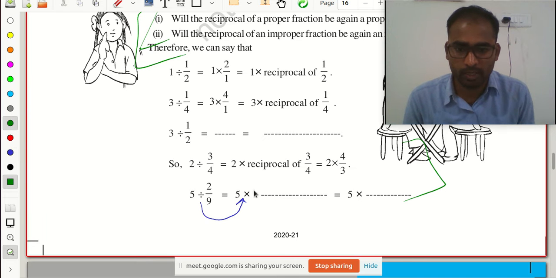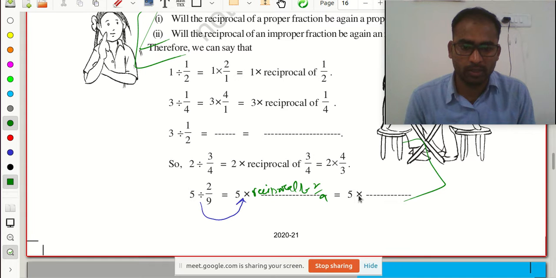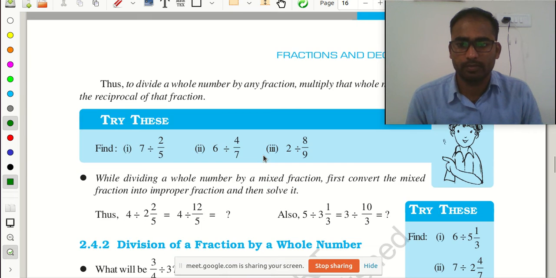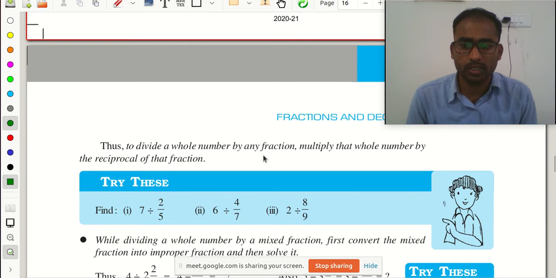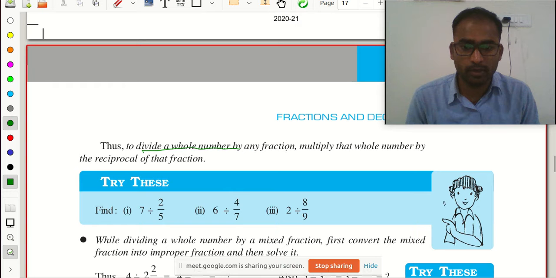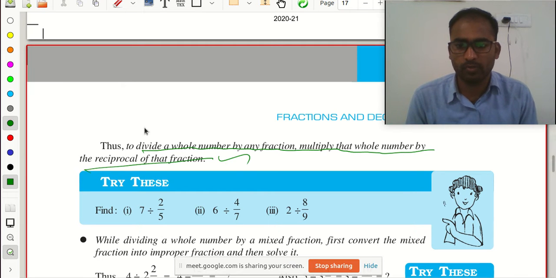See here, 5 multiplied by the reciprocal of 2 by 9. So 5 multiplied by what is the reciprocal of 2 by 9? 9 by 2. This means to divide a whole number by any fraction, multiply that whole number by the reciprocal of that fraction. This is what we got from that.